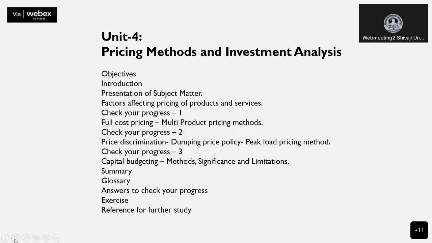Also, we have used a few examples for better understanding of the relevant concepts. So, first of all, I hope that you have already read all the units thoroughly and properly before attending this contact session.